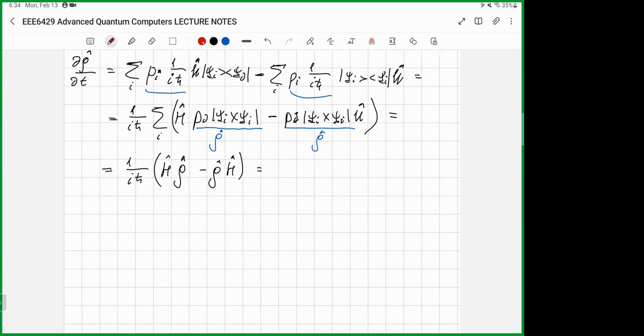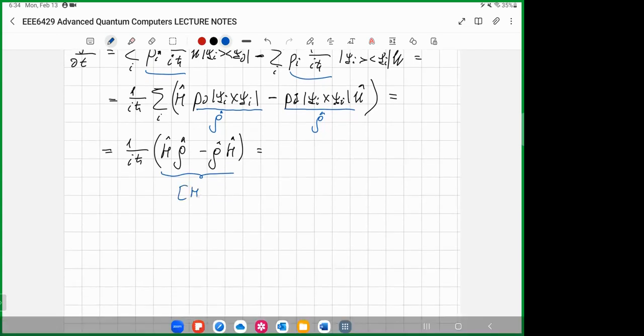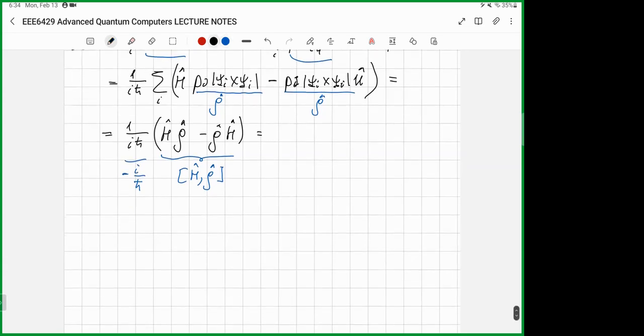So this is the commutator [H, rho], and this I can rewrite as minus i over h bar to make it consistent with the literature.